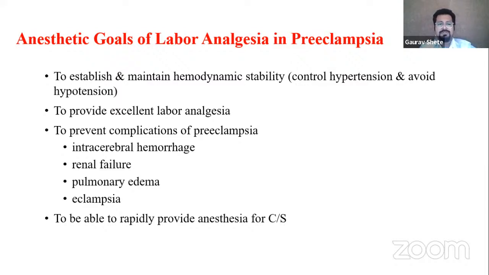So anesthetic goals should be to establish and maintain hemodynamic stability, control hypertension and avoid hypotension, and to provide excellent labor analgesia. Yes, in such cases, epidural analgesia can also be given. Also to prevent complications of preeclampsia like intracerebral hemorrhage, renal failure, pulmonary edema, and eclampsia and convulsion.